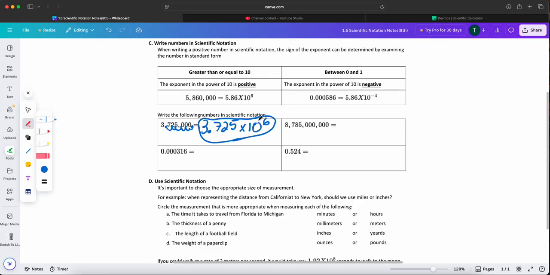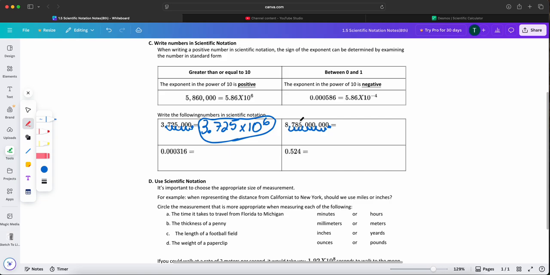So it's going to be the same for this next one. So this next one, we have 8,785,000,000. So we're going to go ahead and move that decimal. They don't have it in the picture, so it's automatically after this last 0. So we go 1, 2, 3, 4, 5, 6, 7, 8, 9.